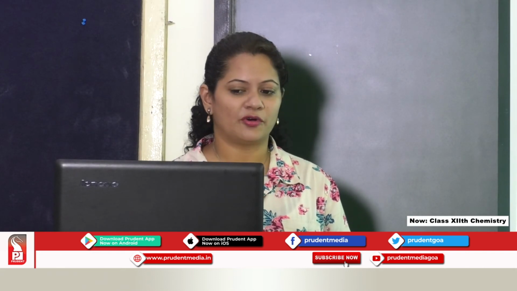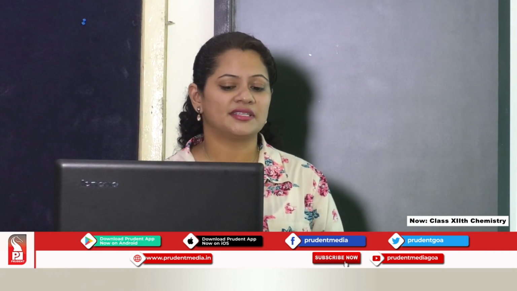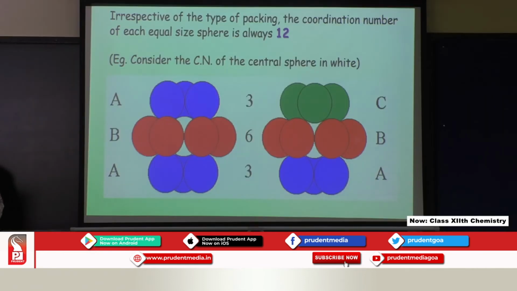Irrespective of the type of packing, that is whether it is ABAB packing or ABC type of packing, the coordination number of the central sphere, for example, in this figure, the one which is shown in white, is always going to be equal to 12.